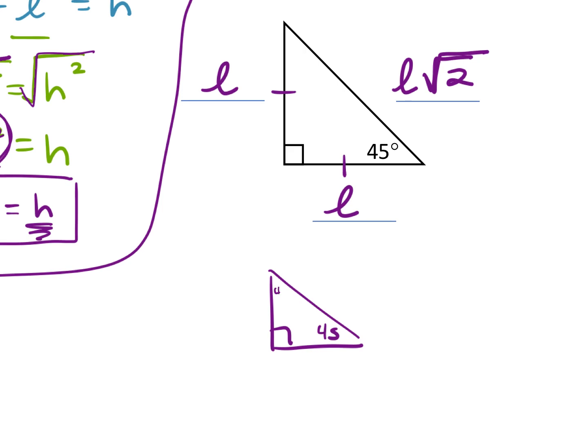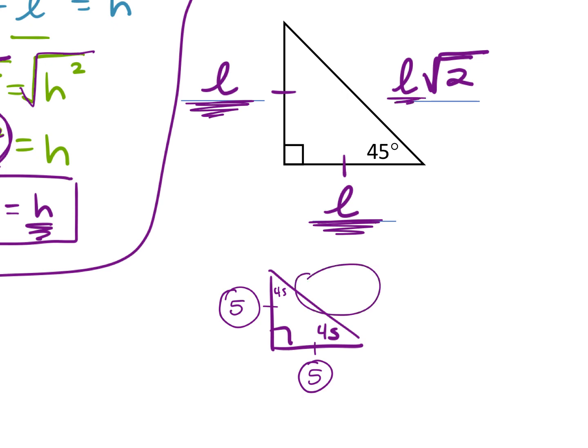If this is a length of 5, what is this length? In a 45, 45, 90. This is L, and that's L. Just like it's X and X. It's 5, right? Your legs in a 45, 45, 90 are always congruent. So this is 5 and 5. This side is the length of the leg times the square root of 2.